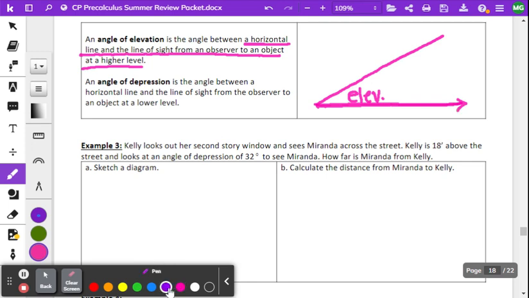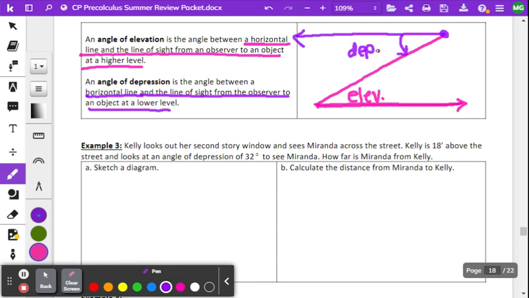For angle of depression, it also goes off of a horizontal, and then it's how far down you have to look at something. So if someone was at the top of the mountain and they wanted to look down at you, the angle of depression would go from their horizontal line of sight and then down to you. That would be the angle of depression.